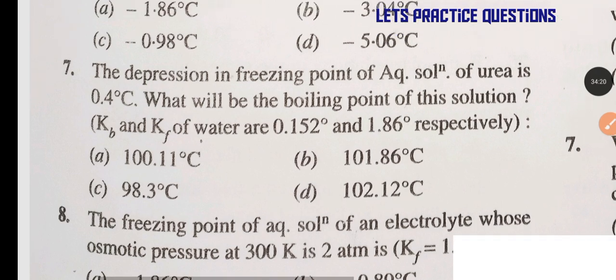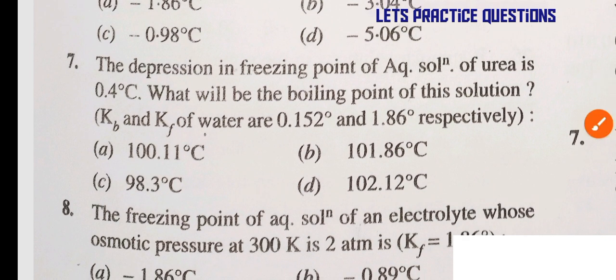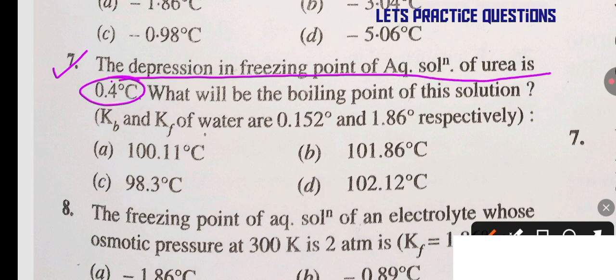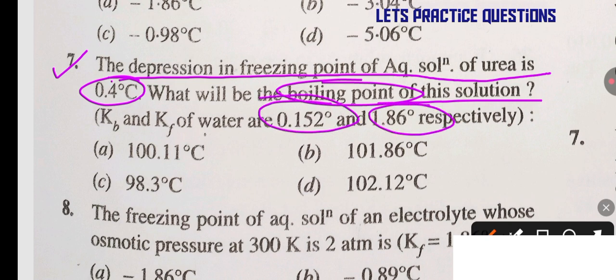Let's read another question, that is question number 7. The depression in freezing point of an aqueous solution of urea is 0.4 degree Celsius. What will be the boiling point of this solution? Here the ebullioscopic constant and cryoscopic constant are given, that is 0.512 degree and 1.86 degree respectively.